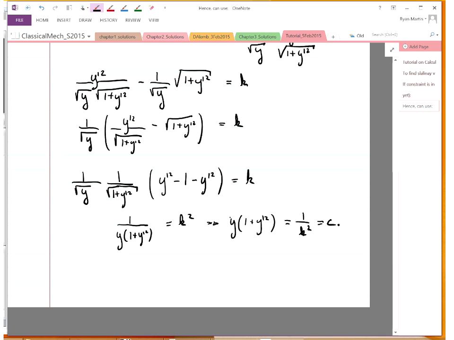Okay, so then 1 over k squared, since that's just a constant, we just call that the new constant c. And so if you want to write this as a differential equation, you can write it as y times 1 plus dy by dx squared equals c.